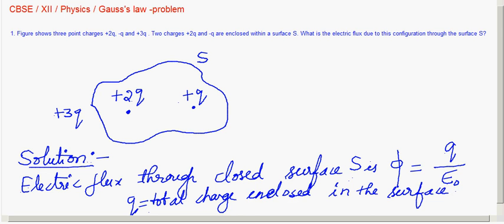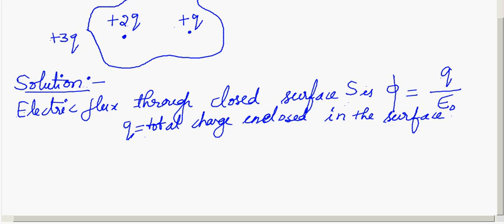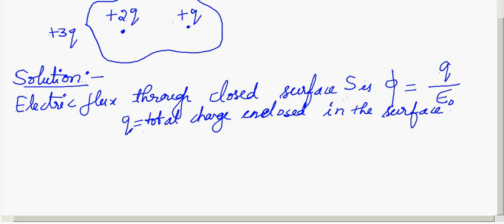Now see the diagram. Plus 2q and plus q are the total charge. Sorry, this is not plus q, this is minus q. I'm sorry for this. In the question it is mentioned minus q, so this has to be minus q. So plus 2q and minus q.